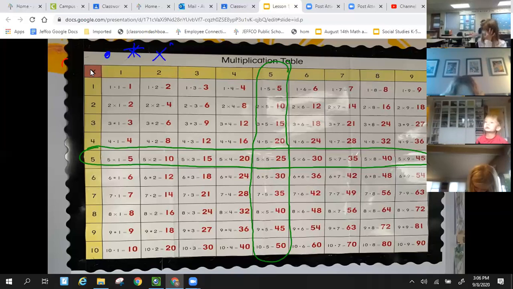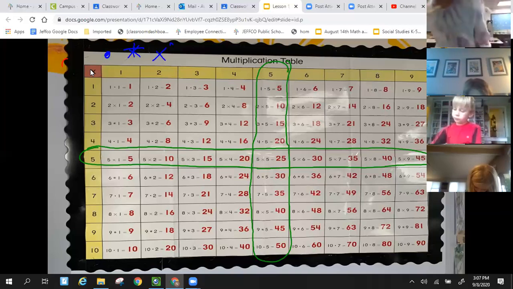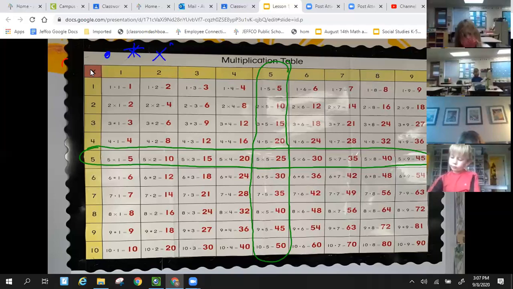All right, 8 times 5. What do you got, Ellie? 8 times 5 is 40. And if you're not sure, you're going to put up 8 fingers and count by what? 5. My friends at home, they're also counting on their fingers.